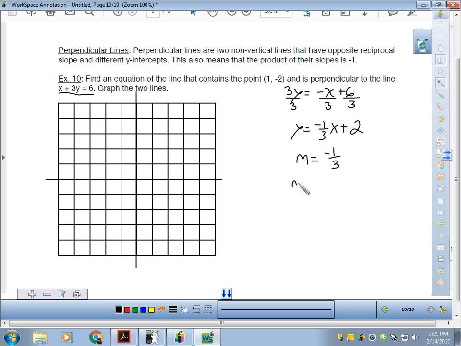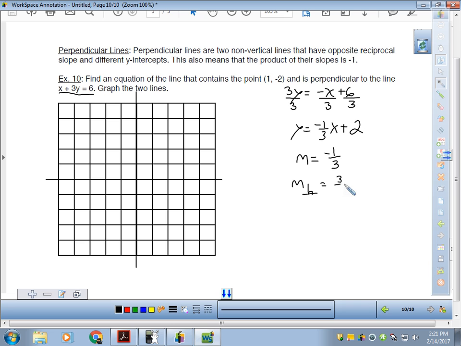Now I'd like to know what is the perpendicular slope. This is a little symbol for perpendicular. It's kind of a little line making a right angle. So we want to do opposite reciprocal. So opposite means I change the sign, so instead of negative, it's going to be positive. Reciprocal means I flip the numbers.